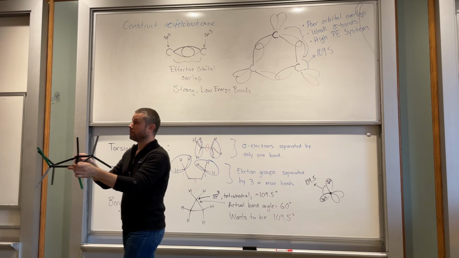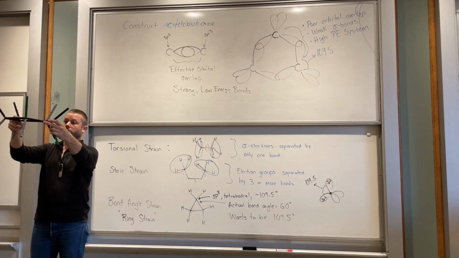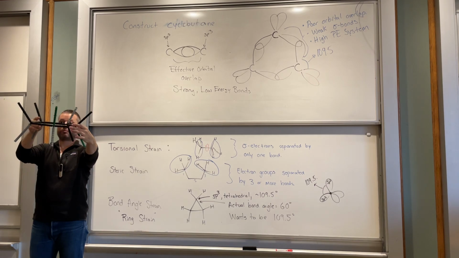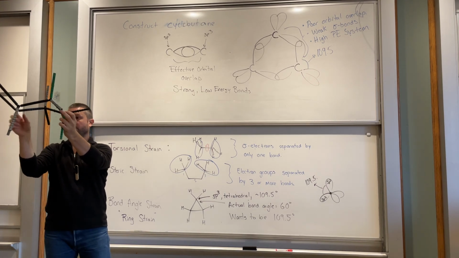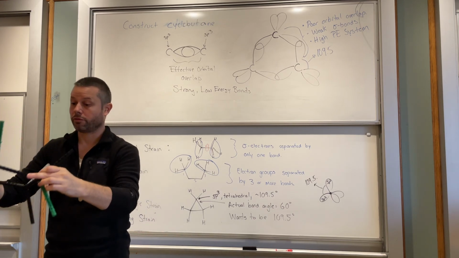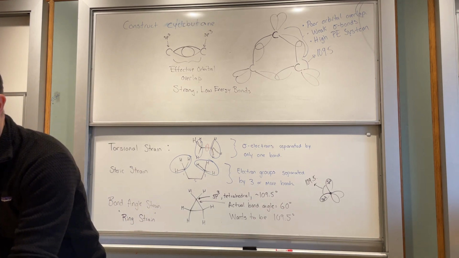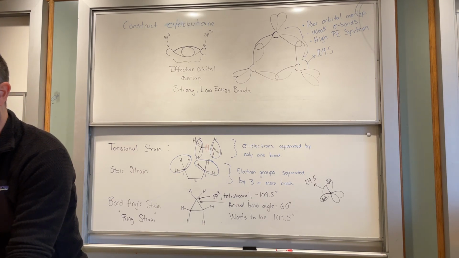Is the torsional strain going to be max? Excellent. You can see that the sigma bonds, hydrogen, hydrogen, and this bond to carbon, are all perfectly eclipsed. So in the planar form, cyclopentane is going to have a high amount of torsional strain.